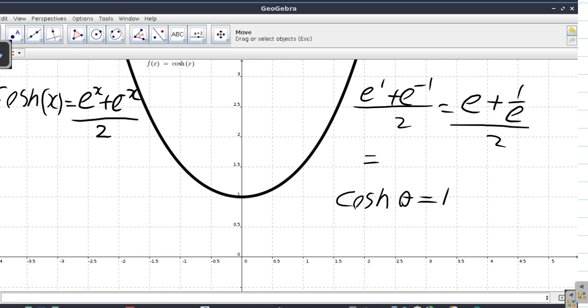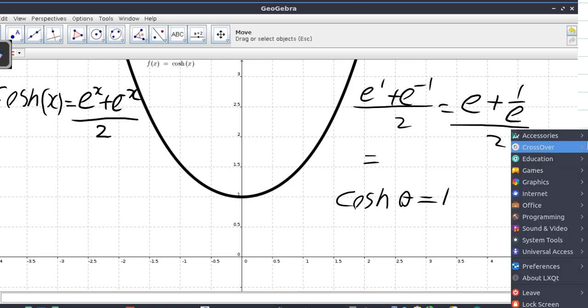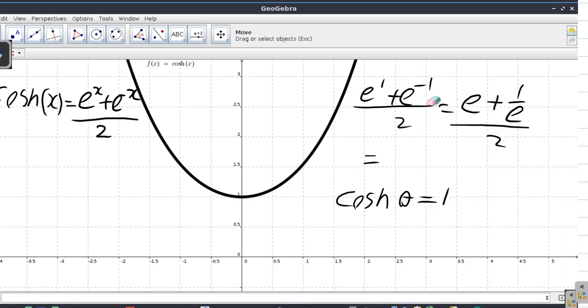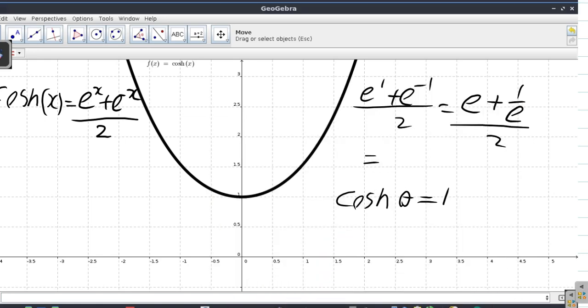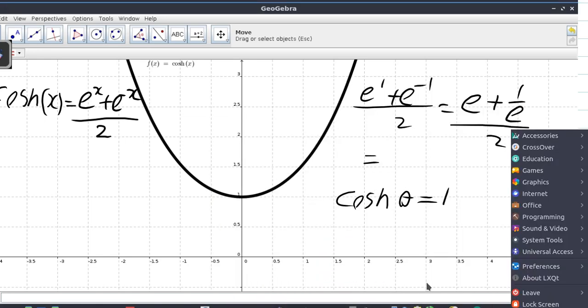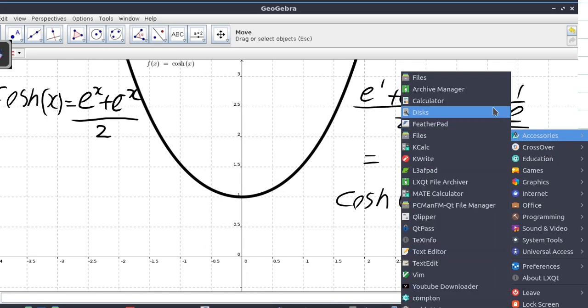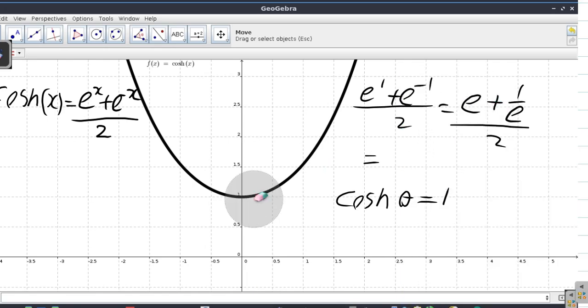Let's use our calculator to see what answer we would get. Now, oh no, let's open our calculator again. Our calculator disappeared a while ago.